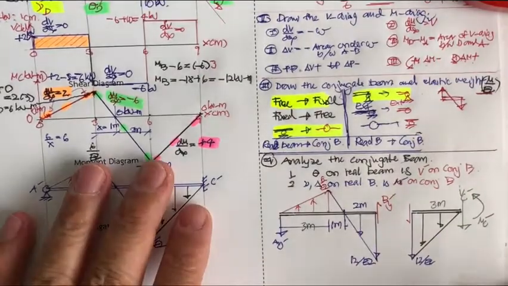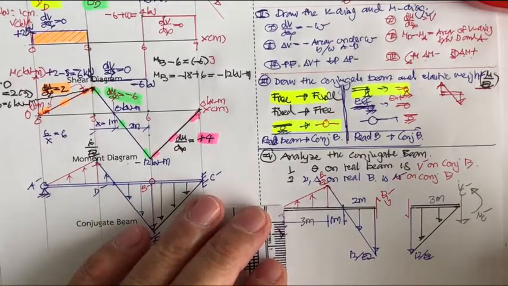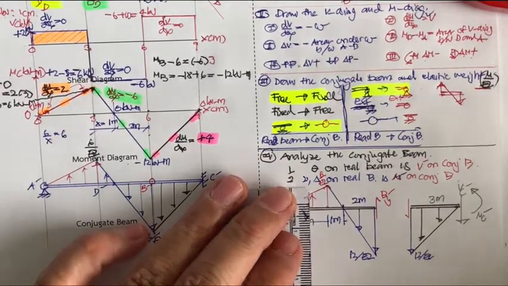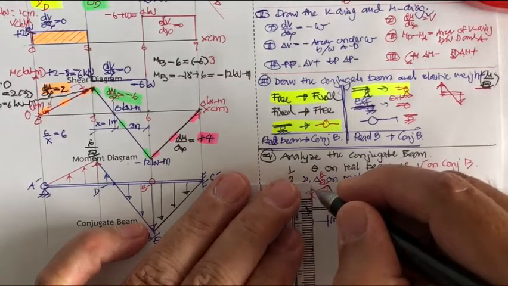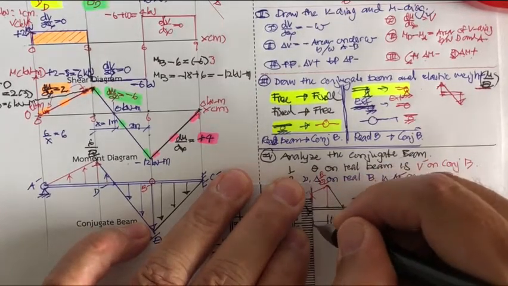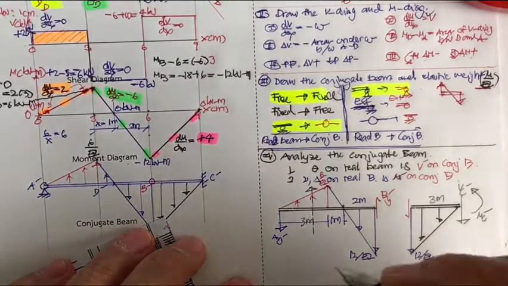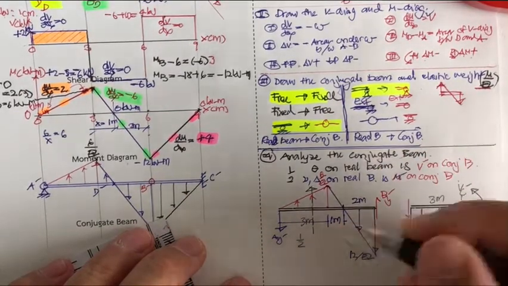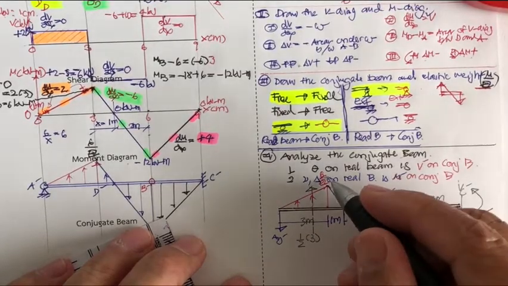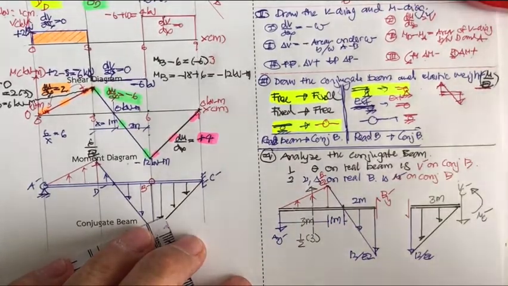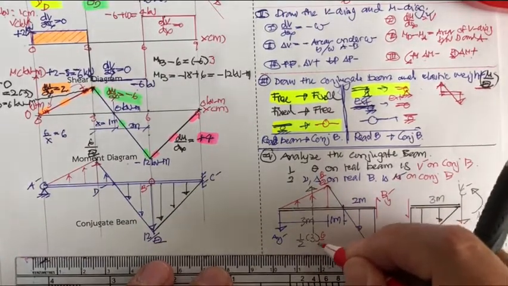What we have, all the forces that we have, are distributed loads. So we have to determine the resultant force of this load. Let me have this one first. Okay, this one is going to be what? This one is going to be 1/2 of 3 times 6 over EI.